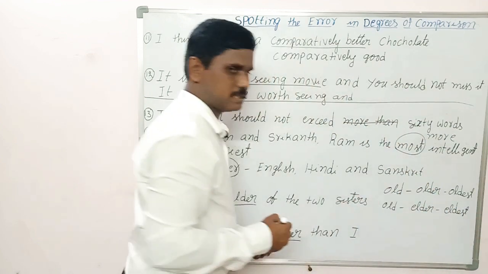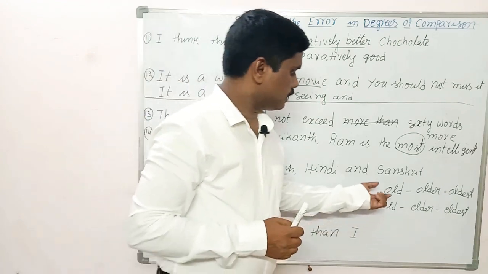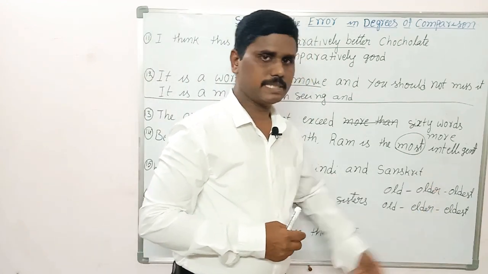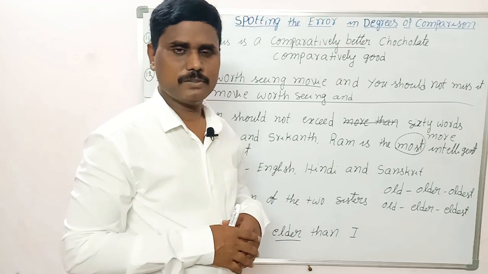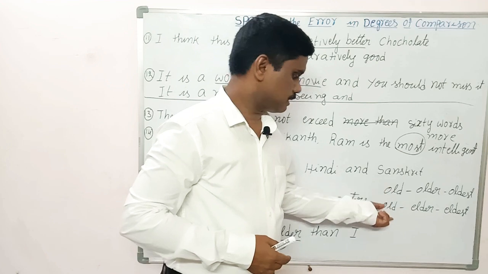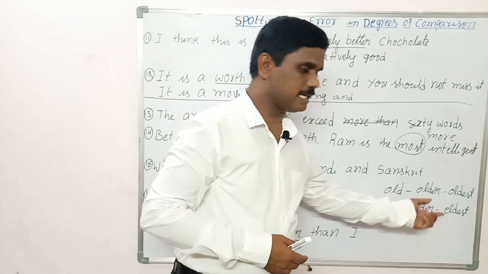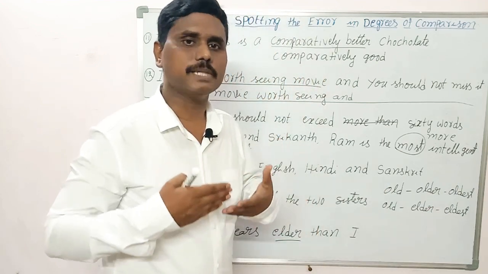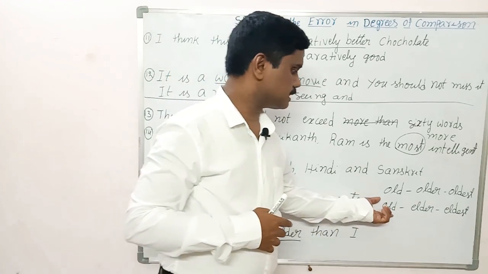What is the difference? Here we use old, older, oldest for human beings, for things, for animals, for all. But whereas old, elder, eldest, we use only for human beings. We should not use it for buildings.